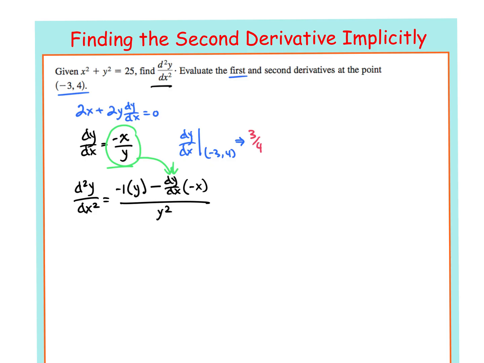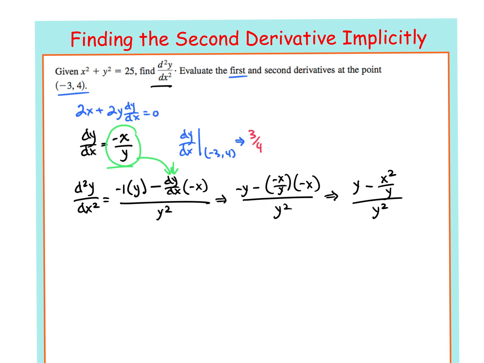And so now we'd end up with -y minus -x over y times -x, all over y squared. So we now have -y, and then a negative, which is a negative, and then x times x, which is x squared over y, all over y squared.